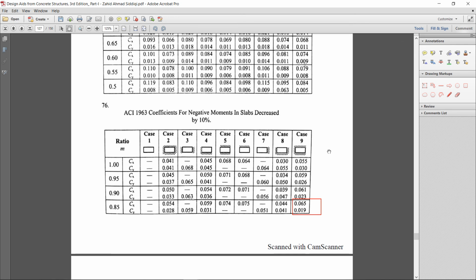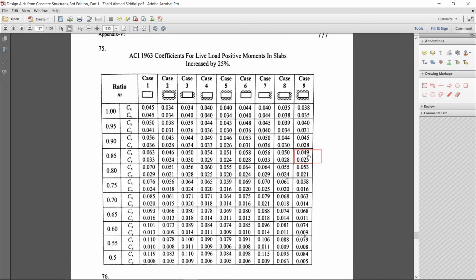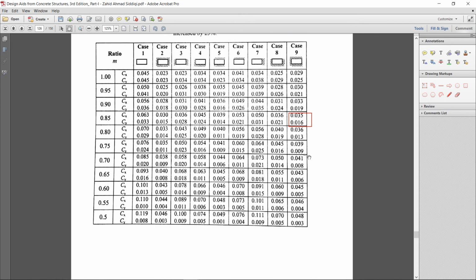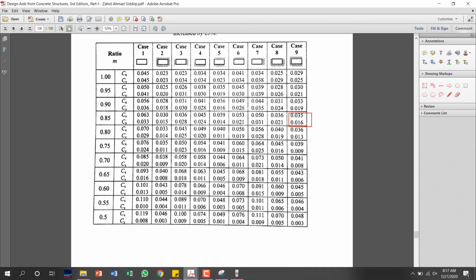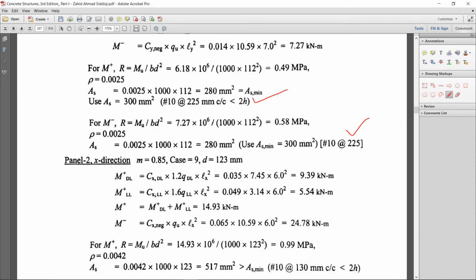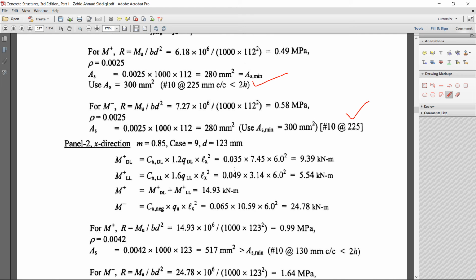So for positive live moment 0.049, and for dead 0.035, and for negative that is 0.065. So for the X direction, moment from dead load and from live load, span in X is 6 meter. So our total positive moment is 14.93, and our total negative moment is 24.78.